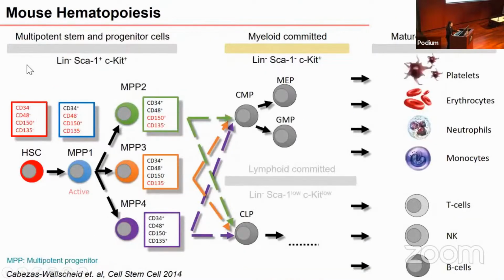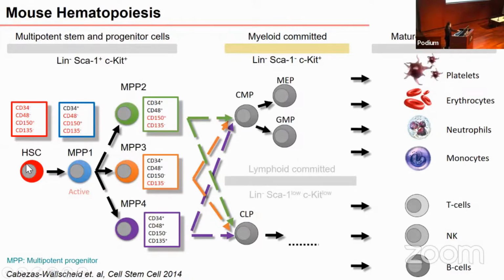Before going to the experiment, I would like to give you a brief overview of mouse hematopoiesis, which is a very complex system. Over the years, the stem cells and progenitor cells have been recognized by different surface markers, as shown in this slide.